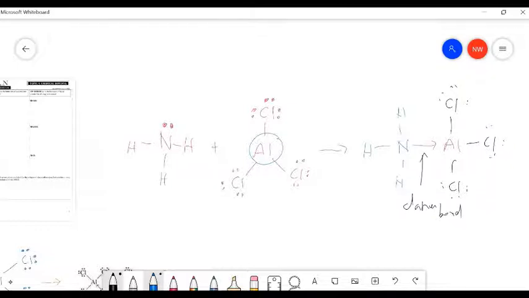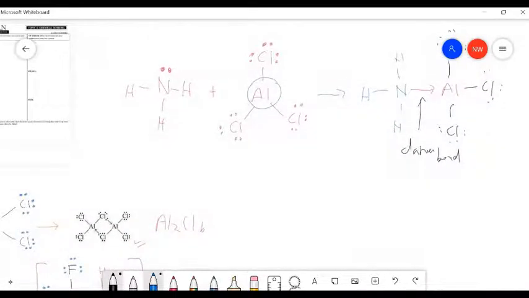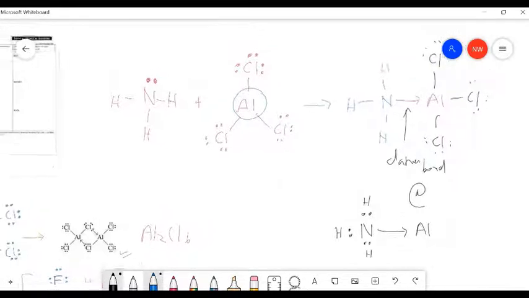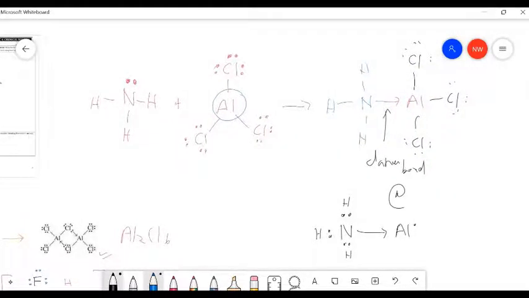You can draw it here or you can draw it like this. Or you can draw the nitrogen and then draw all the bonding electrons, and then the dative bond with the aluminium, Al, and then you show all the bonds with chlorine, and then draw back the lone pair on the chlorine atom.